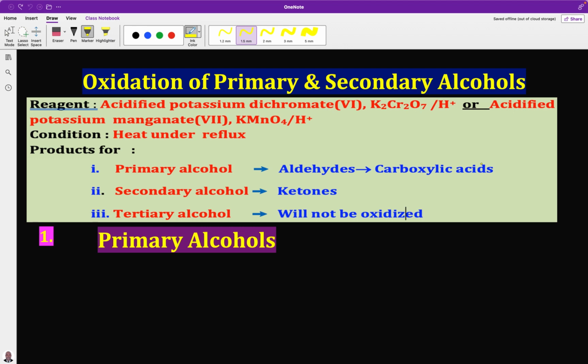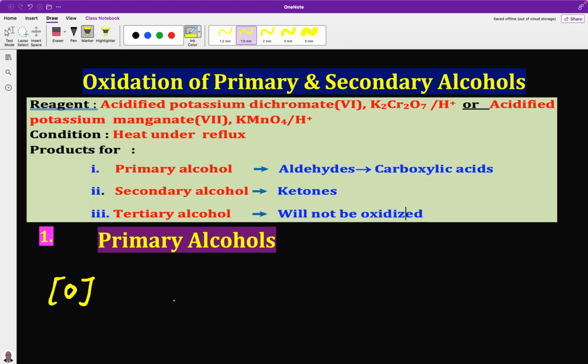In this oxidation reaction of primary and secondary alcohol, we will be using some symbols, like oxygen in a square bracket.